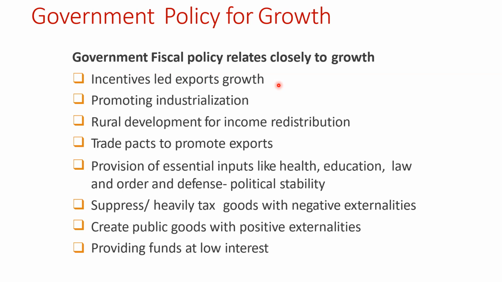Provision of essential inputs like health, education, law and order, and defense. Political stability should be there. That's also a very important thing when you adopt these fiscal policy measures. Now you can compare our present situation, whether we have a stable political system.